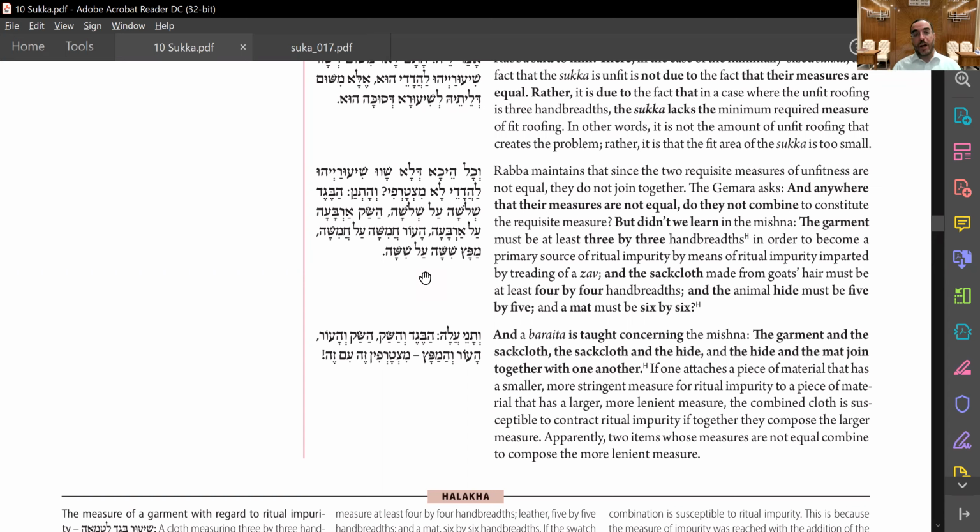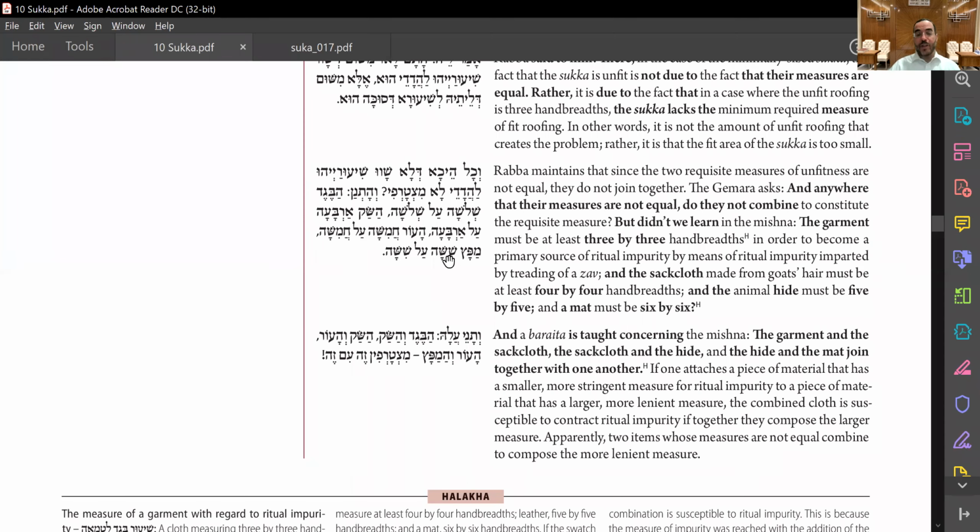You're not going to throw it out if it's less than 3 by 3. However, sackcloth, which is cheaper, if it's less than 4 by 4, no one's going to use it. You're going to throw it out. It's not a utensil, so it's not mekabel tumah. But more than 4 by 4 it is. Or leather is a little bit less expensive. So there it's 5 by 5. And finally, matting is 6 by 6 because that's the cheapest.